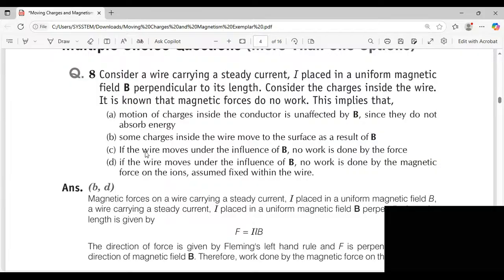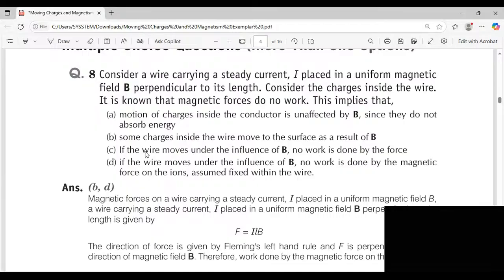Since they do not absorb energy, some charge inside the wire moves to the surface as a result of B. This is a correct option.